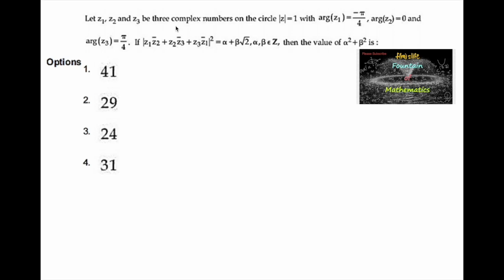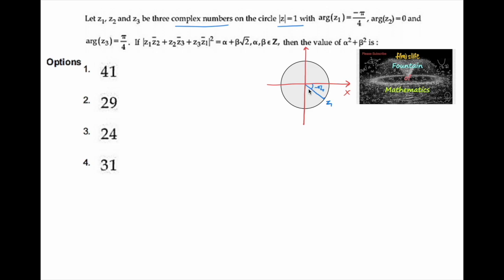Let Z1, Z2 and Z3 be 3 complex numbers on the circle mod Z is equal to 1. It's a unit circle with the center at the origin. Since the argument of Z1 is minus pi by 4, we can have it in the fourth quadrant with angle negative pi by 4, that is Z1.